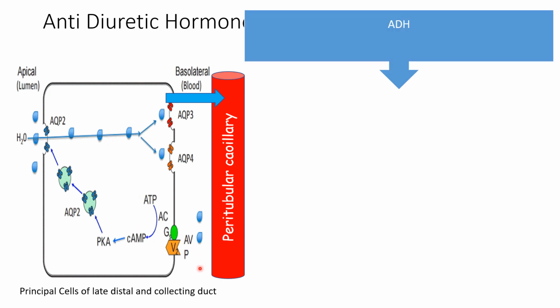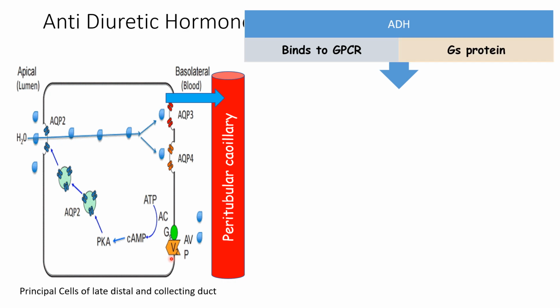So here we have the line diagram of the phenomena that we are talking about. First, ADH binds to the G protein coupled receptors. Here you can see they are the V2 receptors, which are G protein coupled receptors.